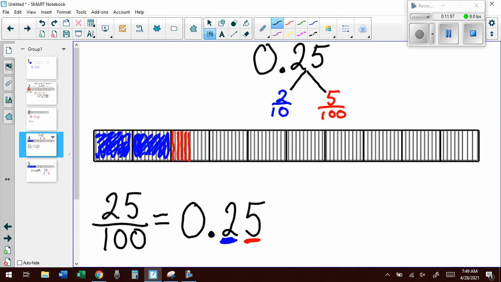If we were to look at something like 25 centimeters, we have 2 tenths that we could shade in, and an additional 5 centimeters. So we could have 2 tenths and 5/100ths.